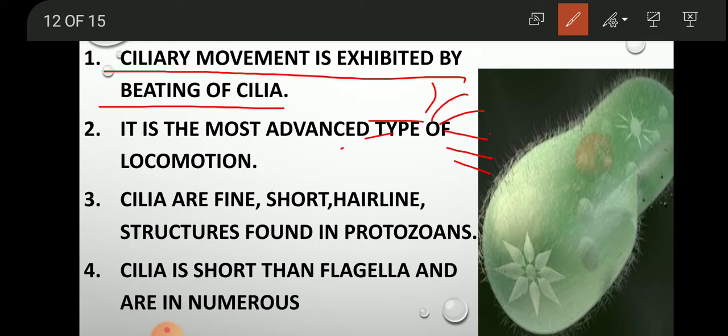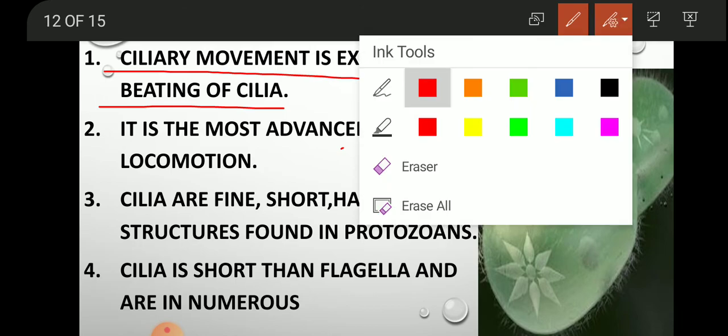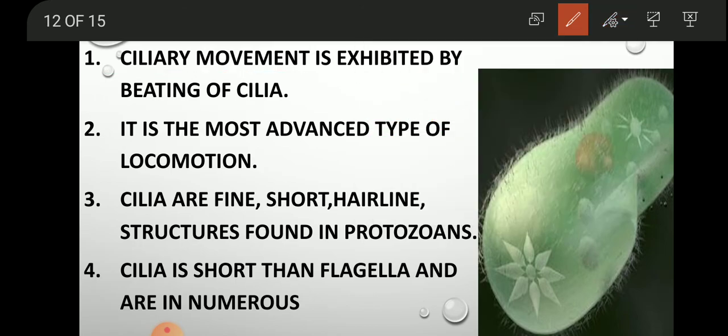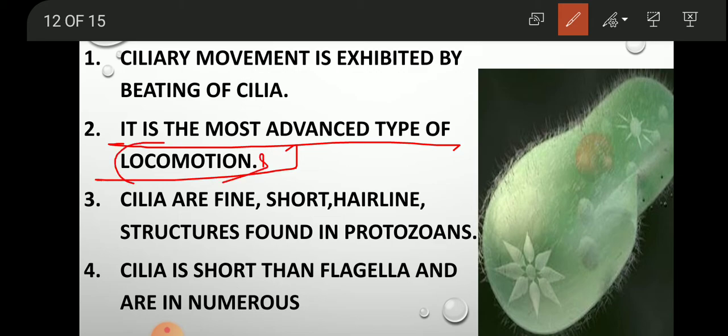When the cilia moves or produces vibration in the water, then only the organism moves forward. When the cilia beats backward, the organism moves forward. Imagine in 3D. It is the most advanced type of locomotion in protozoans.